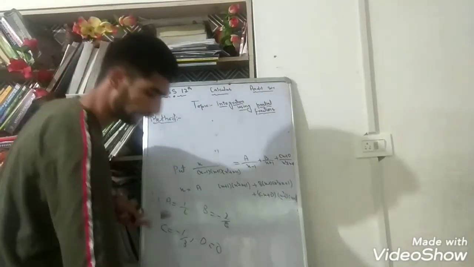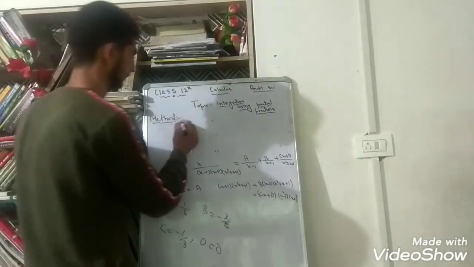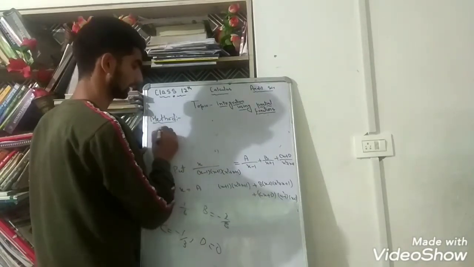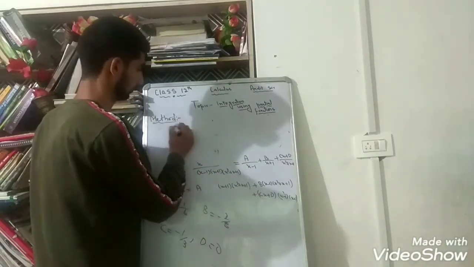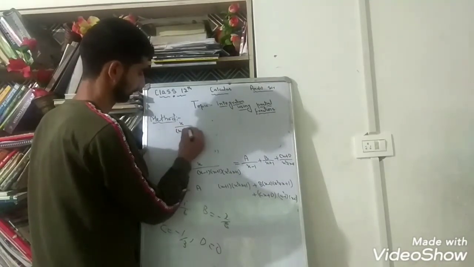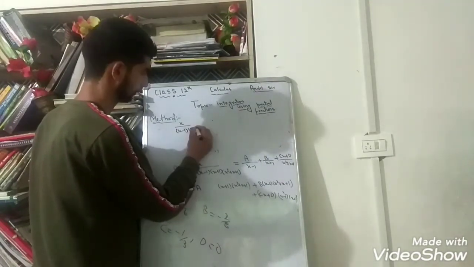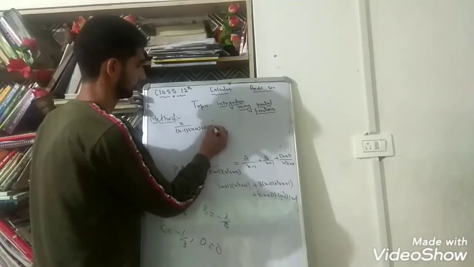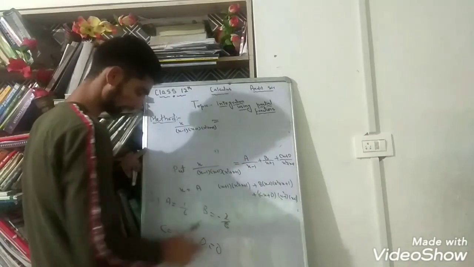You can put here, and you will get this thing equals to beta. This one you will get equals to x divided by (x minus 1)(x plus 1)(x square plus x plus 1). You will get it equals to A. What is A here?